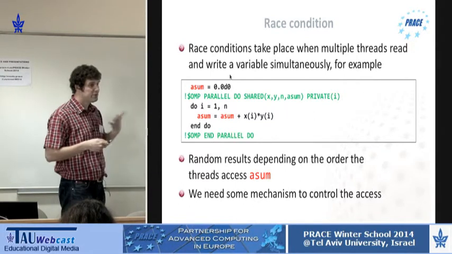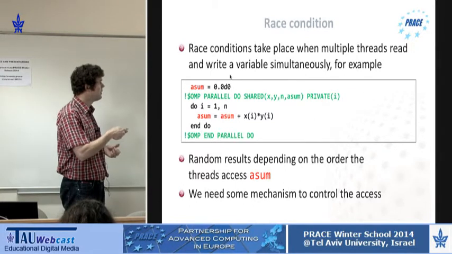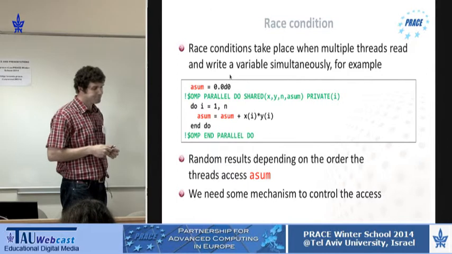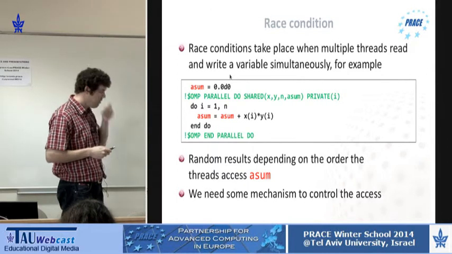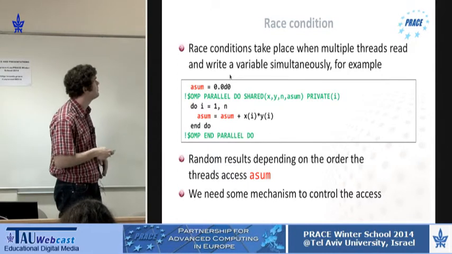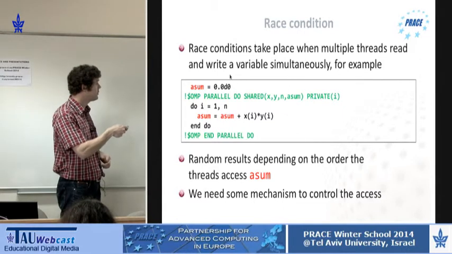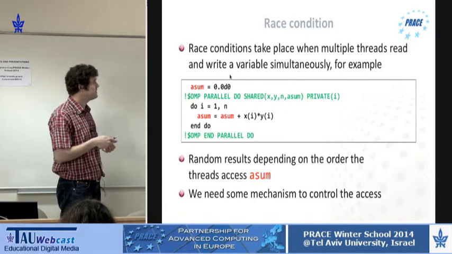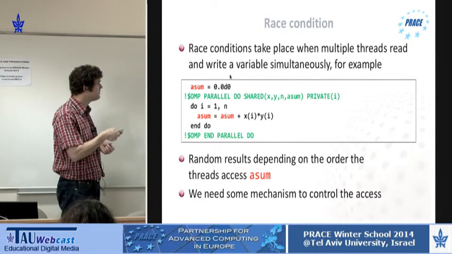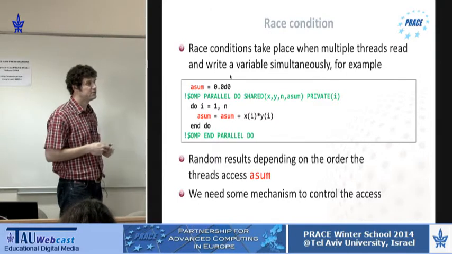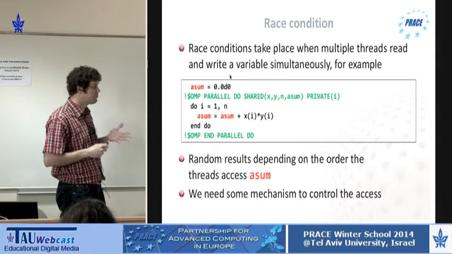Every thread should know what the last one is. And we also put the sum here as a shared variable. Now we do this parallel do construct. What the compiler does at this point is create some threads and distribute the work of these n different iterations to different threads.